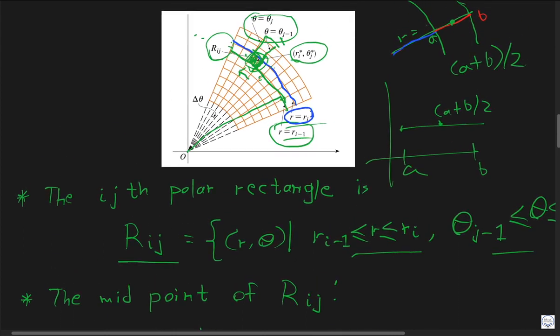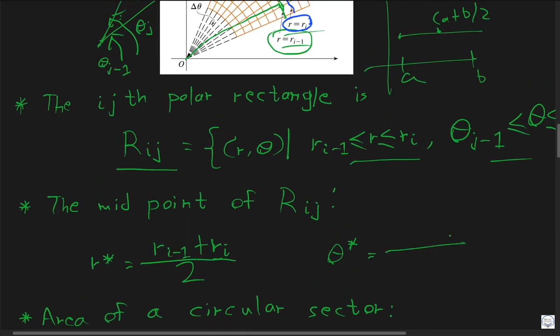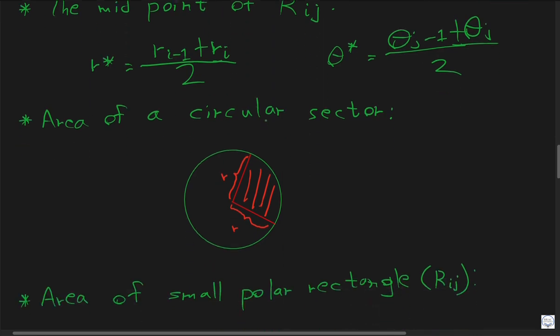Similarly, theta is somewhere in the middle of these two angles. This is theta j minus 1 and this is theta j. And the angle in between is also just their addition and then division by 2. So you get (theta j minus 1 plus theta j) divided by 2.